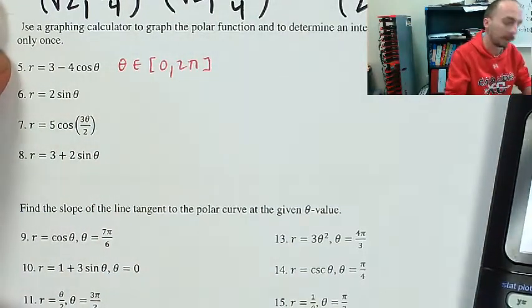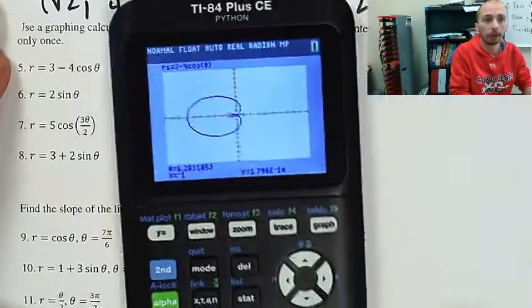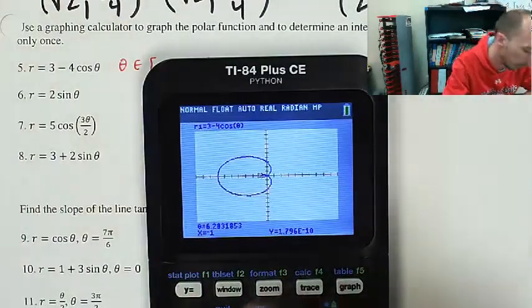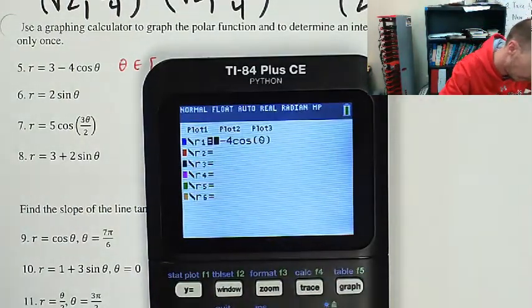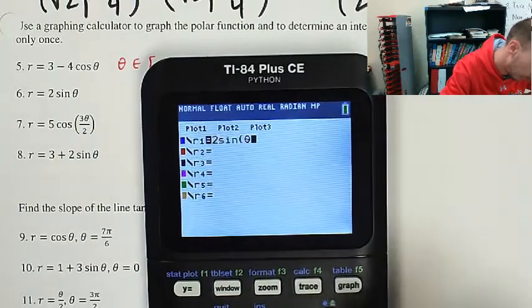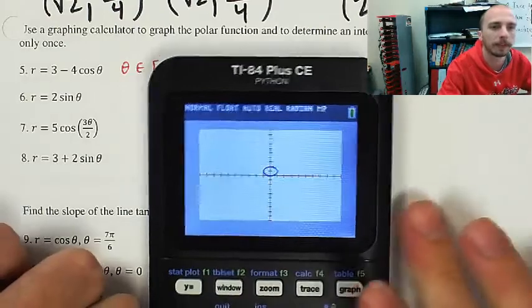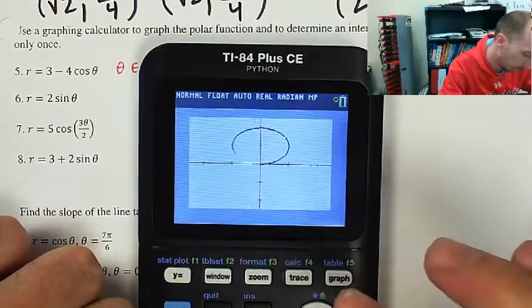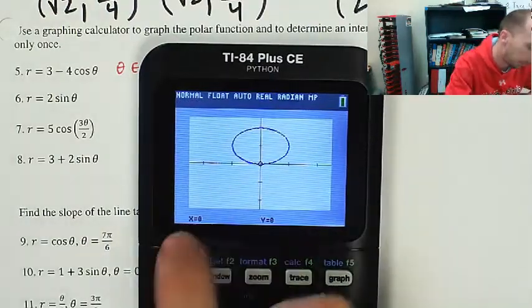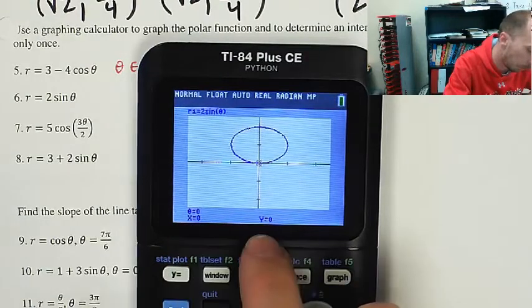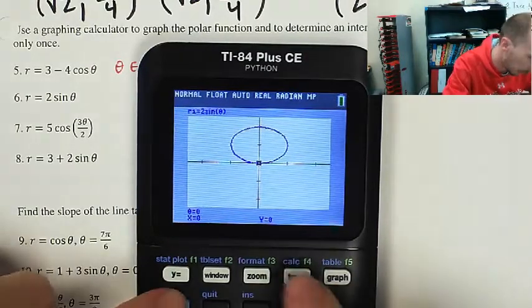Okay, 2 sine theta, that's one that I told you in the lesson traces out on only 0 to pi, but maybe we can show how that goes. 2 sine t. Okay, there we go. I'm going to zoom in on this real quick. Yeah, that's perfect. And so trace theta equals 0, y equals 0. I'm going to try something different this time, though.